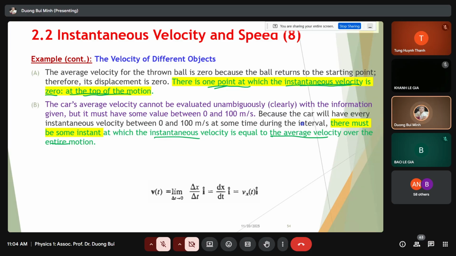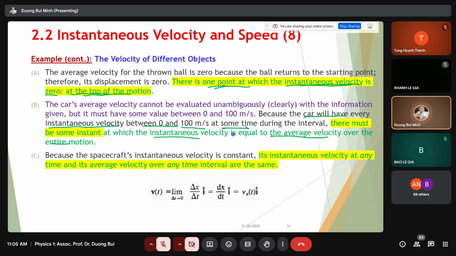So we just say, because the car will have every instantaneous velocity between 0 and 100 meters per second at some time, there must be some instant at which the instantaneous velocity is equal to the average velocity.